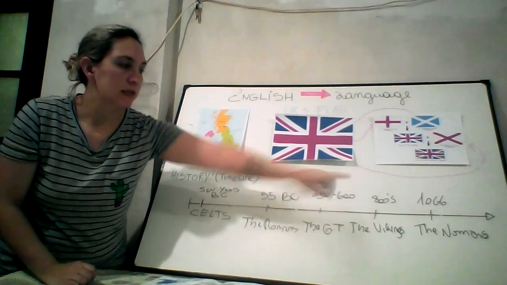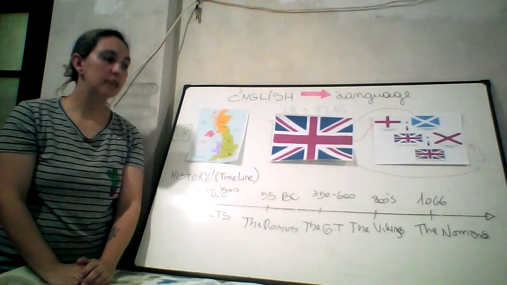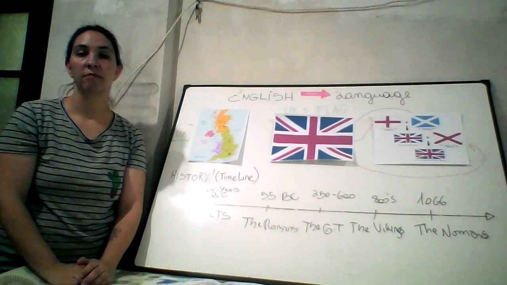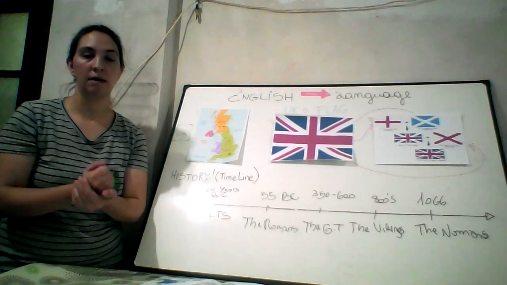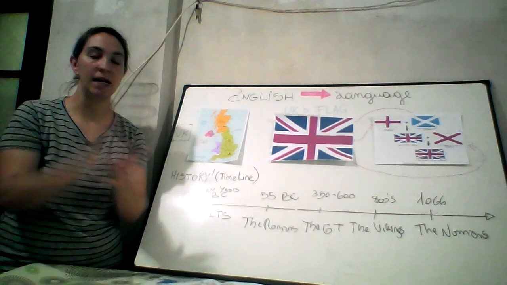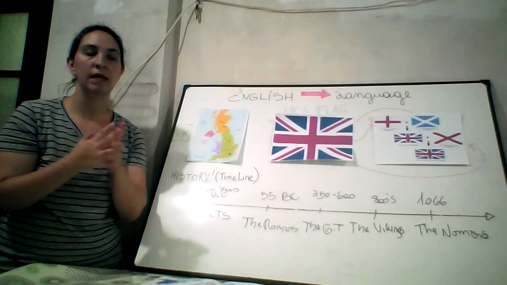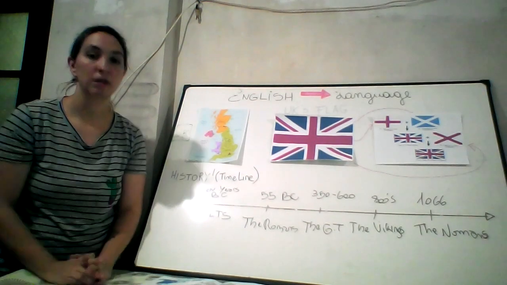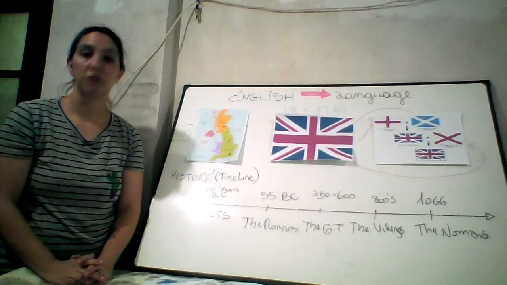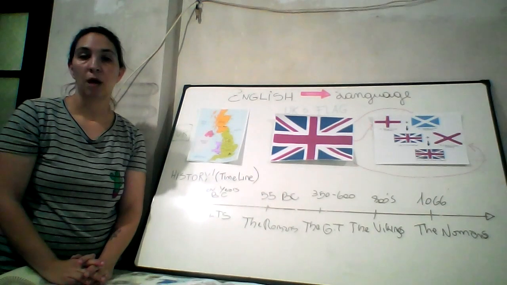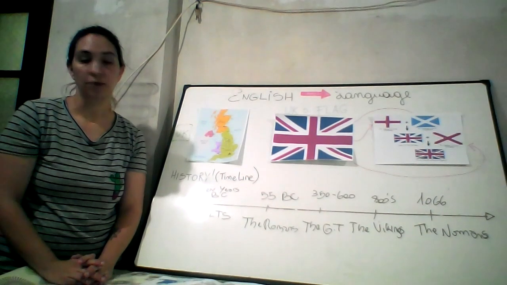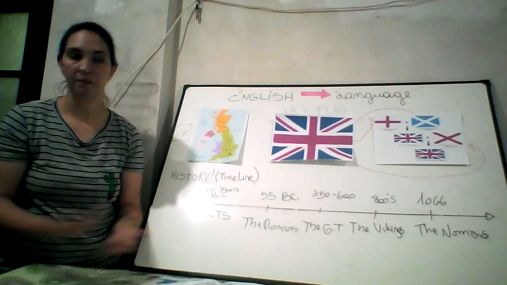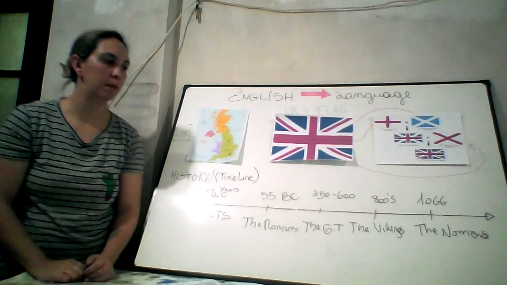Finally, in 1066, the Normans arrived in England and took over England, and the French became the official language. Latin was the language for the church, and Old English was the language spoken by people.